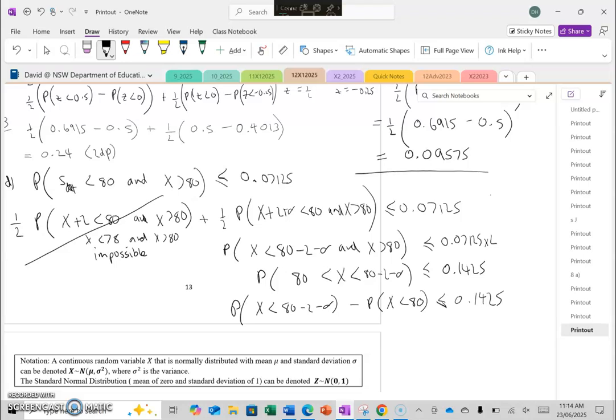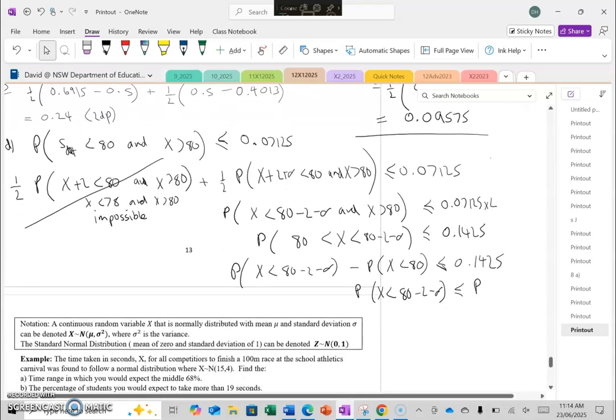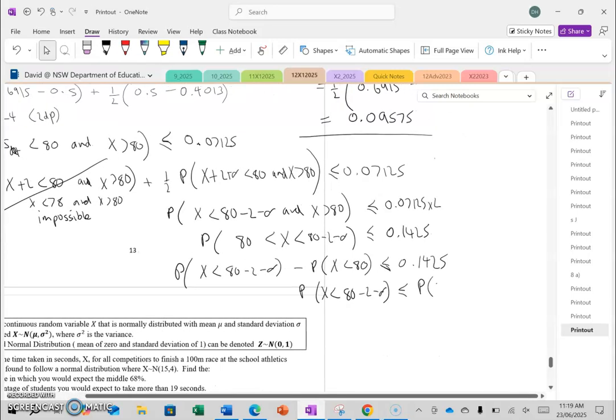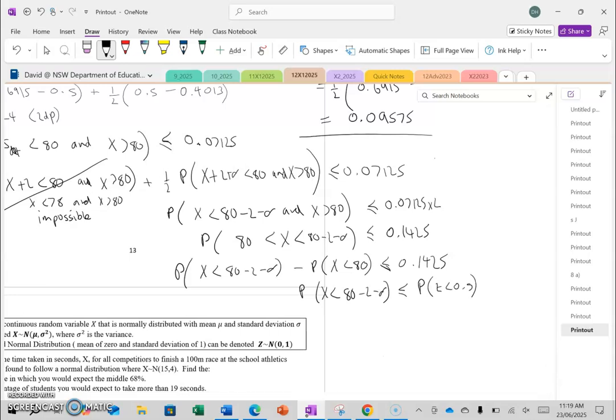Now, 80 represented a z-score of 0.5. We've learnt that from a previous part. So I'm going to just rearrange this a little bit. I'm going to bring this guy over here and change him to 0.5. As I said, z less than 0.5. And we've got the plus 0.1425.